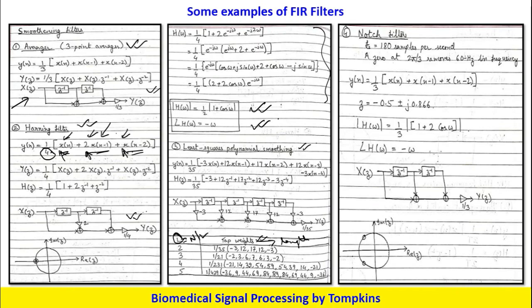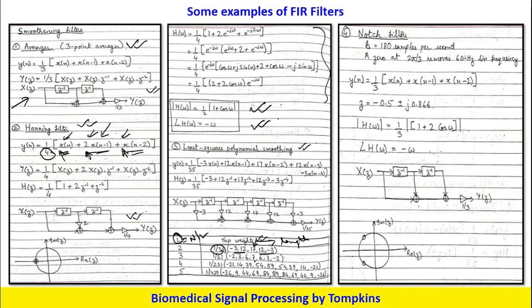Here, the same thing: you see 1 by 35, and then 17, which is the middle value, and the other values are repeated.